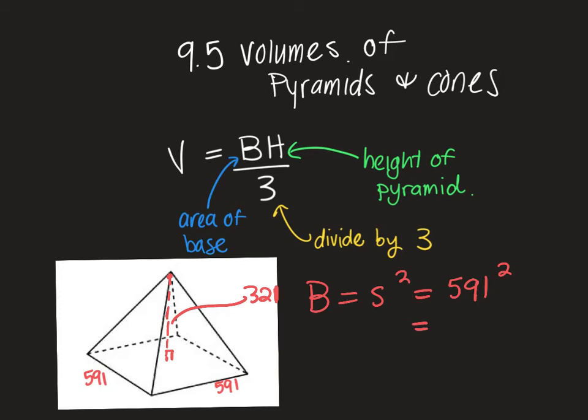Okay. So, 591 squared gives us 349,281. Now we have to take that and multiply it by our height.